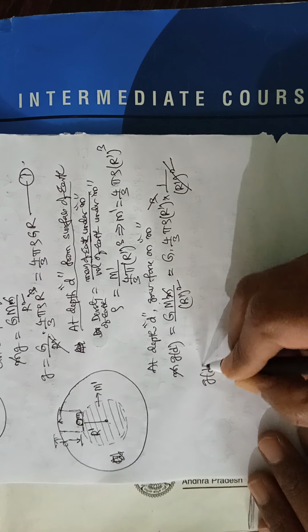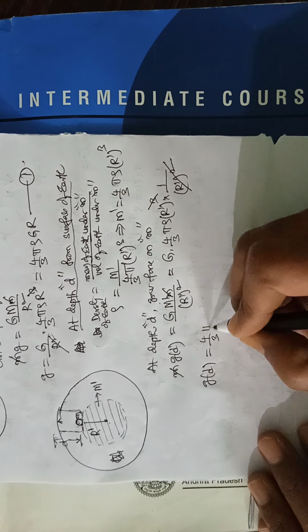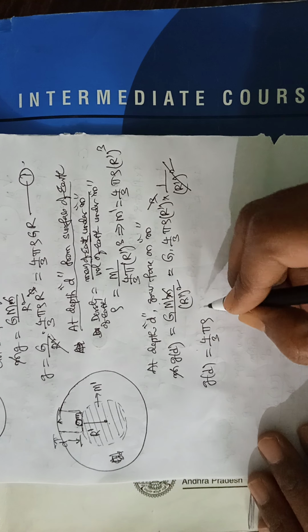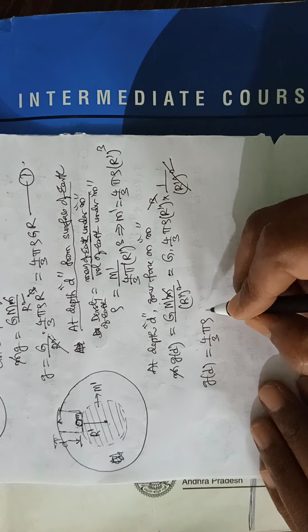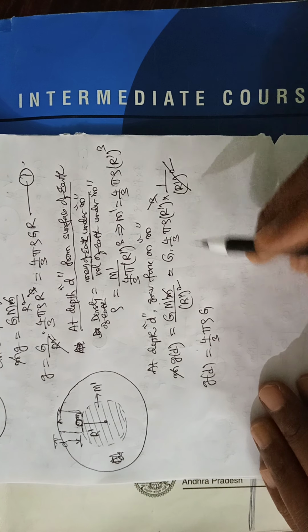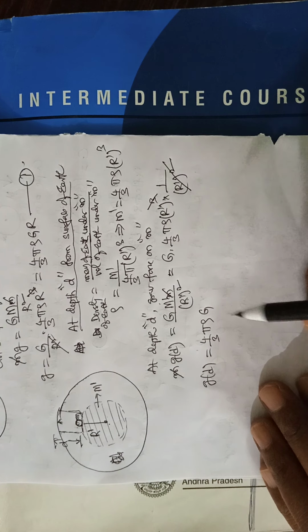We get g d equal to 4 by 3 pi rho G r dash.